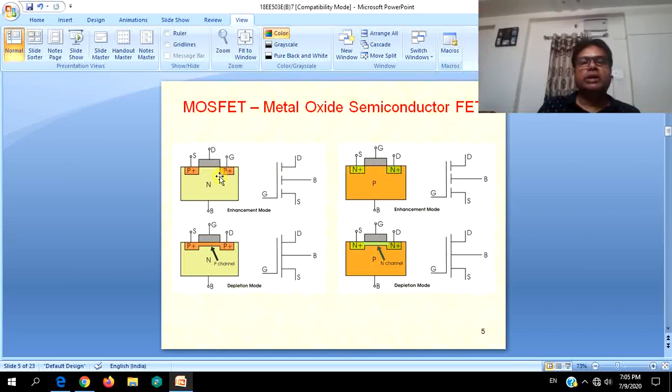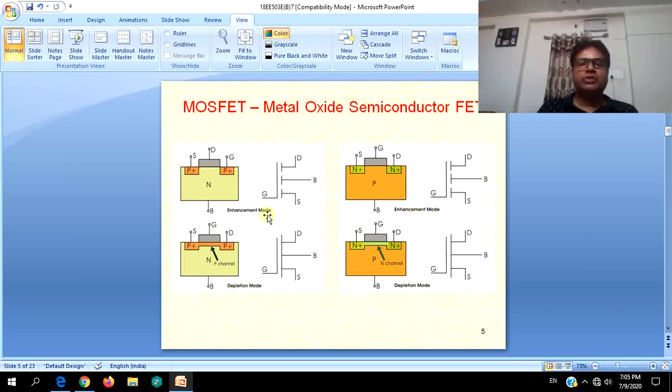For the minimum voltage for conduction, it has to cross a voltage called the threshold voltage, then it will conduct. Again, the most used configuration of MOSFET is the N channel enhancement mode type of MOSFET.